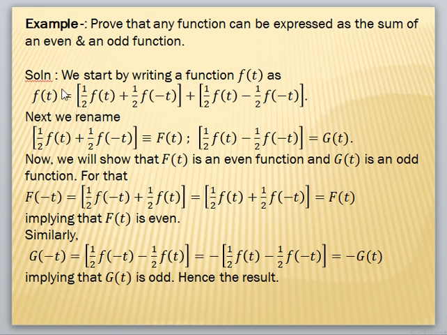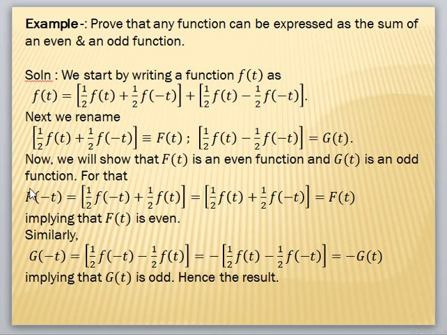তোমরা বুঝতে পারছো এই দুটো পার্টকে যোগ করলে f(t) হয়। এখন আমরা কি করলাম, প্রথম যে পার্টটা half of f(t) plus half of f(-t), তাকে ক্যাপিটাল F(t) নাম দিলাম, এবং সেকেন্ড যে পার্টটা সেই পার্টটার নাম দিলাম ক্যাপিটাল G(t).